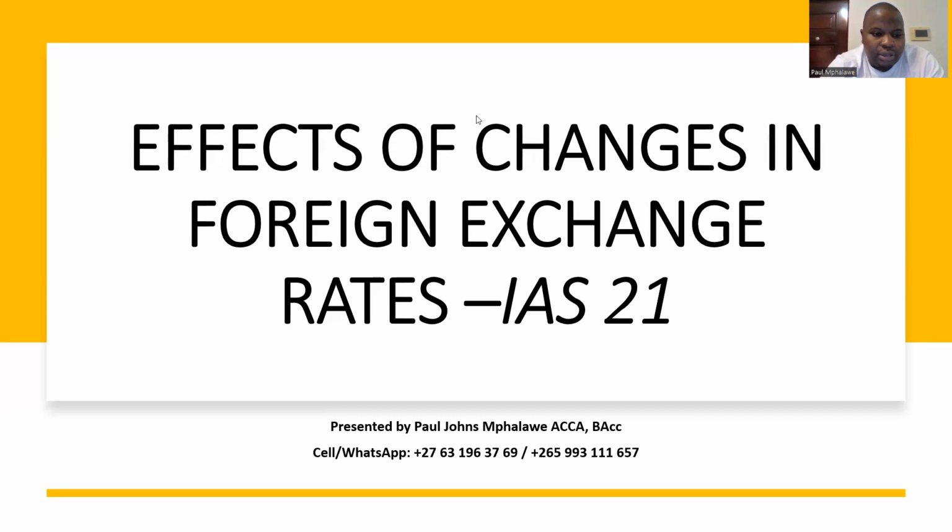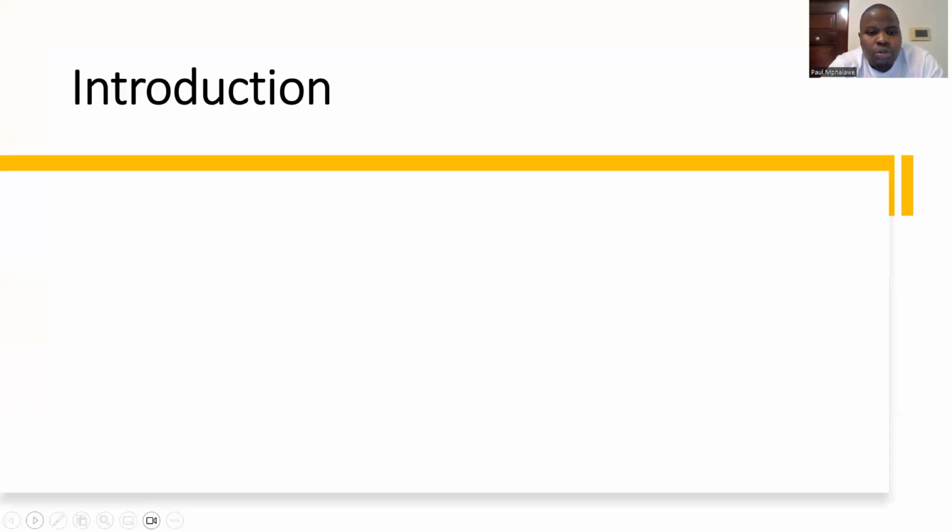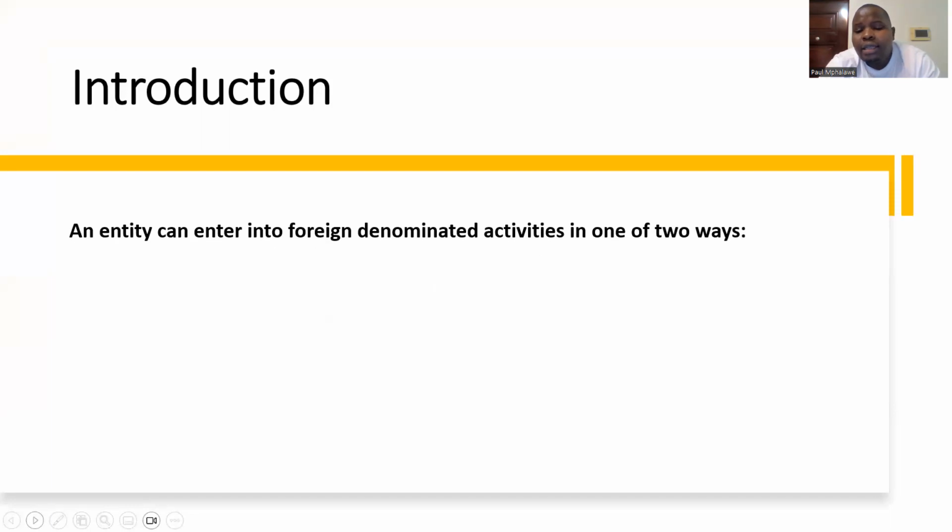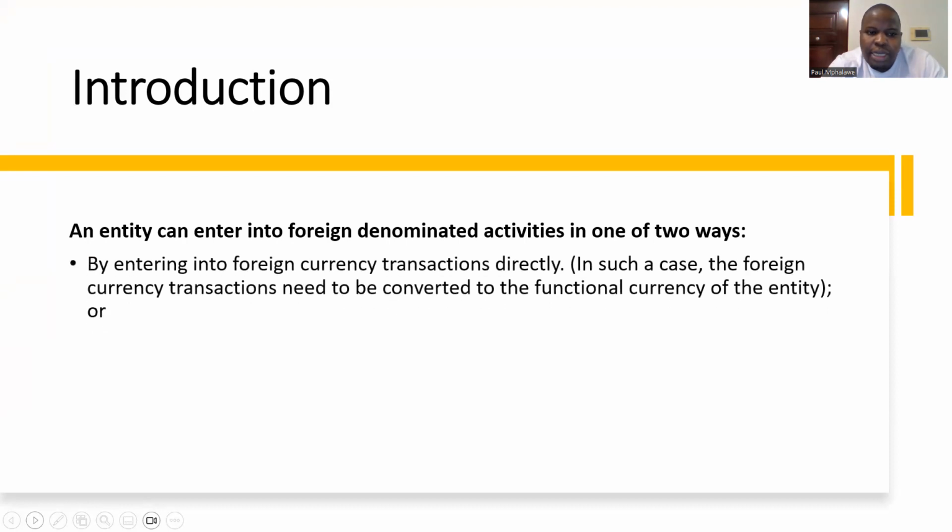All right. Let's dive into our discussion. So we are saying that an entity can enter into foreign denominated activities in one of two ways. As I alluded to earlier, by entering into a foreign currency transaction directly. In such a case, the foreign currency transactions need to be converted to the functional currency of the entity.